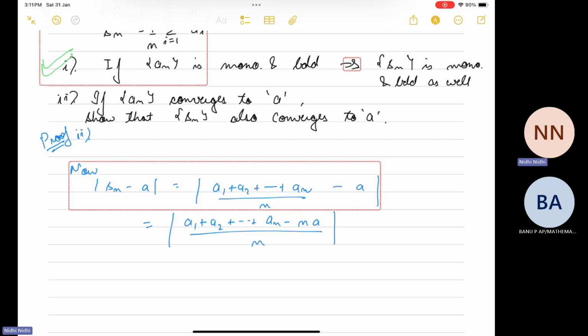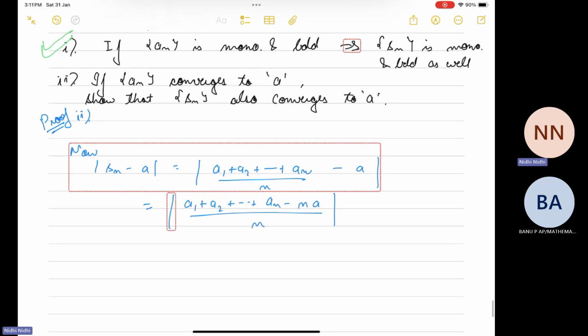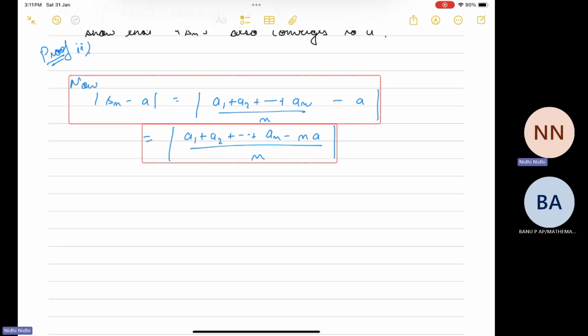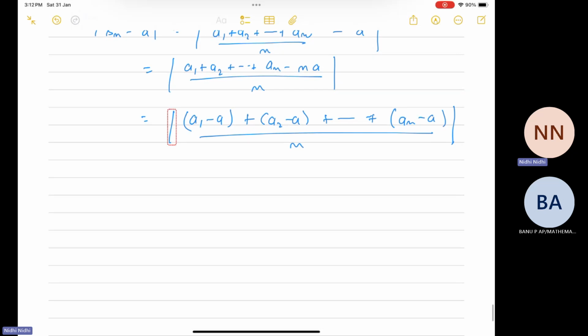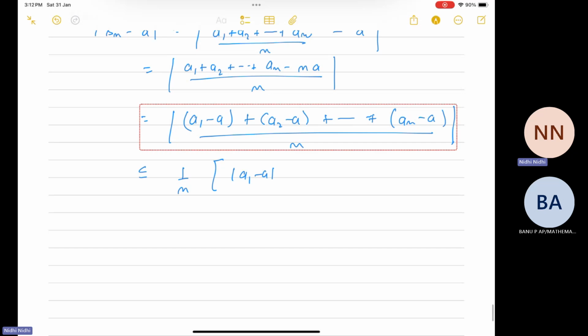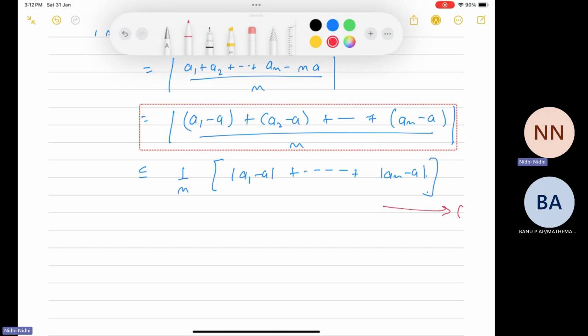Now I can split this n times a as a plus a, n times. So this is modulus of a1 minus a plus a2 minus a and so on up to an minus a upon n. Now using the triangle inequality, this is less than or equal to 1 by n times mod a1 minus a and so on up to mod an minus a. Let's mark this equation as 1.